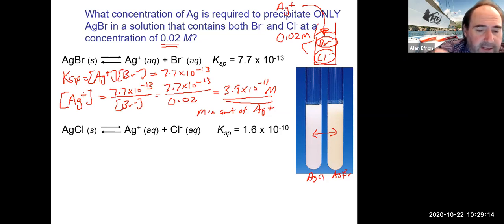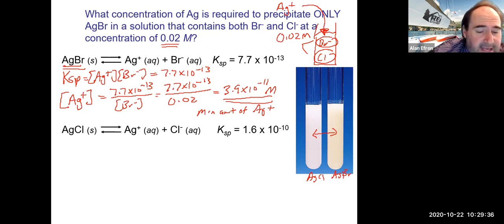As soon as you hit 3.9 times 10 to the minus 11 in terms of the concentration of the silver, you should start to see some white solid form. And that white solid at that point should be the silver bromide, and it would be taking the bromide out.